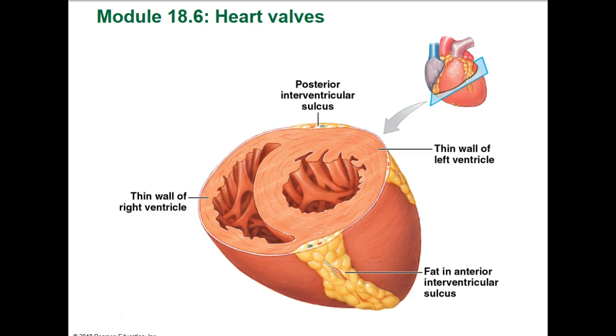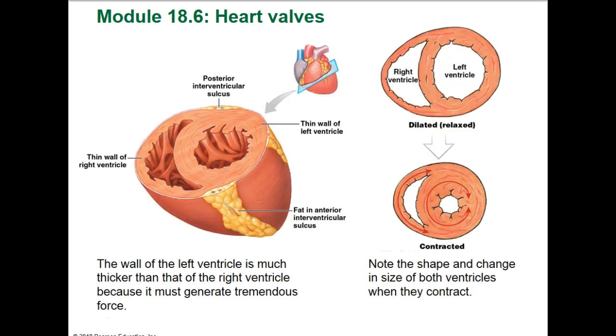So if you were to cut the heart in this type of section, you would have seen a clear difference in the atrium and ventricle shape as well as the thickness. So the wall of the left ventricle is much thicker. And this picture shows the difference in dilation of the ventricles versus the contracted version.